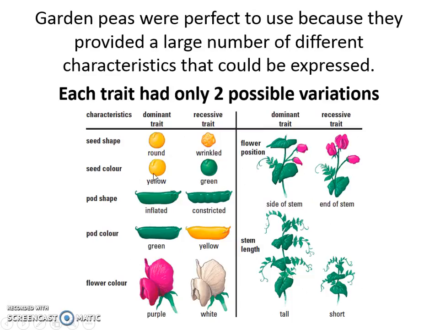Seed color was either yellow or green. Pod shape was either inflated or constricted. Pod color was either green or yellow. Flower color was either purple or white. Each trait only had two possible variations, so that made it very easy for Mendel to draw conclusions.